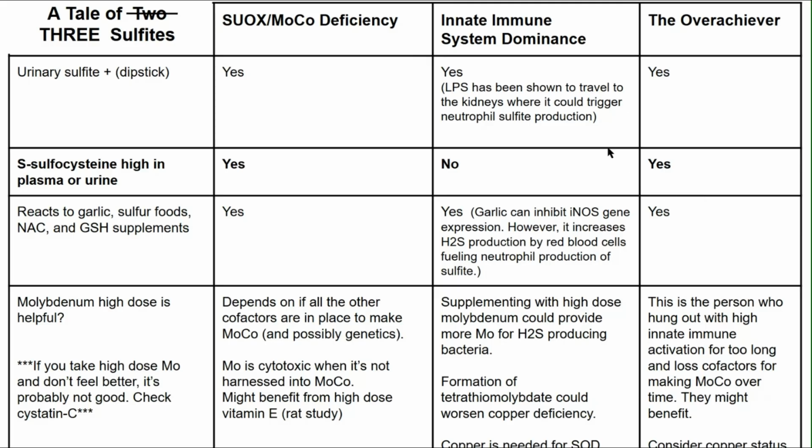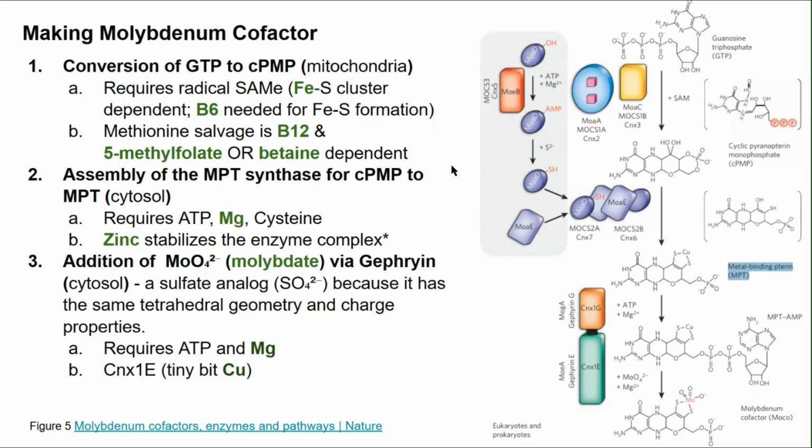And I believe that hanging out very long in this neutrophil-dominant, polarized macrophage state is going to lead you to an acquired sulfite oxidase Moco deficiency, because you're going to end up with depletion of all of the cofactors required to make sulfite oxidase. So for example, you require SAM, right?